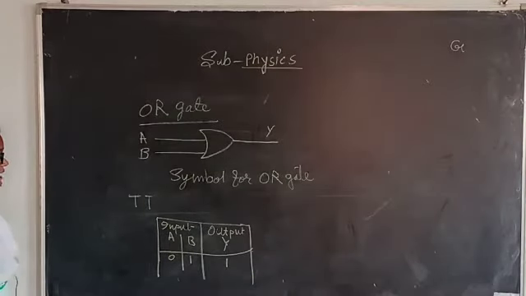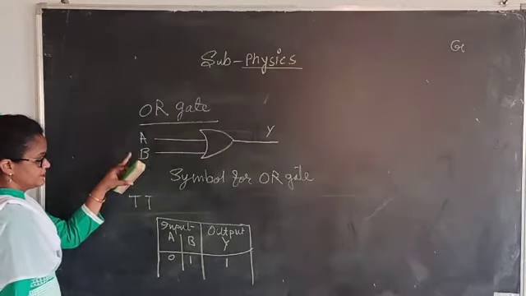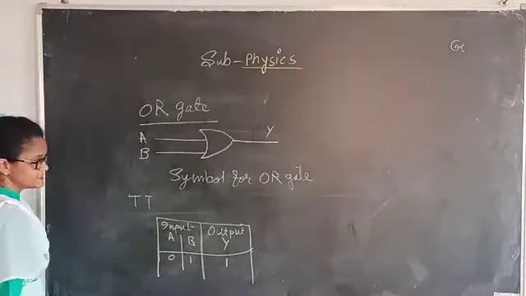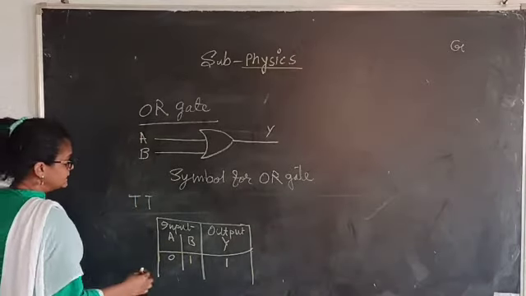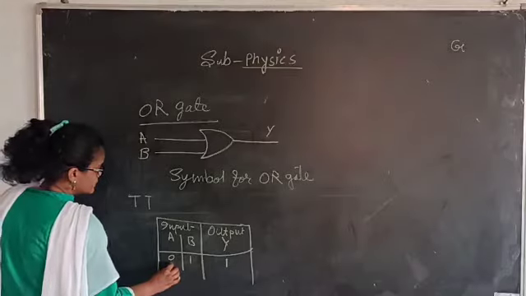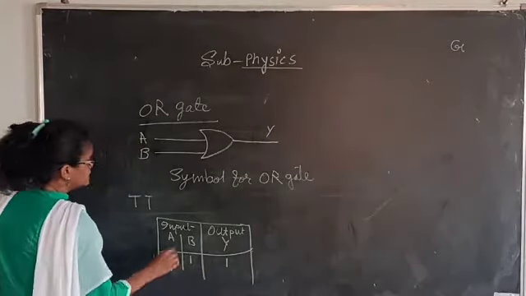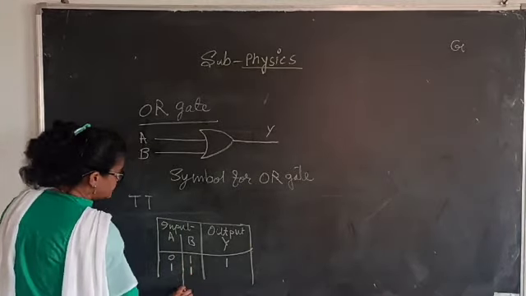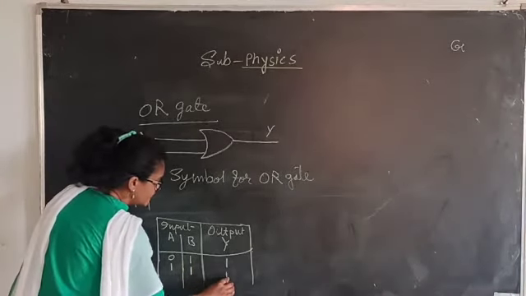Okay. OR means it is simply the addition, we can say. In another case, suppose A is 1 and B is 1, then the output will be 1.